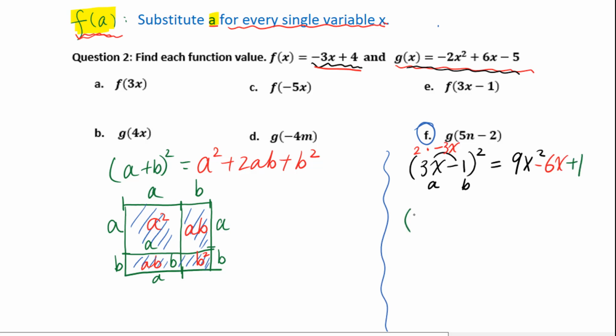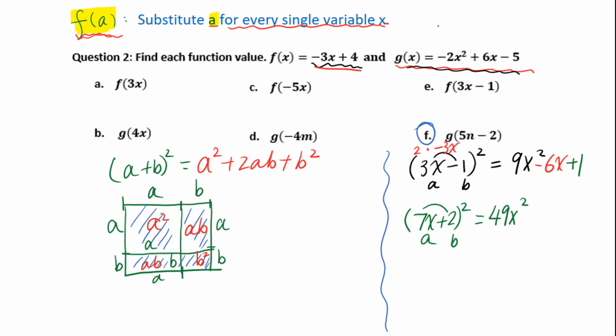Let's do 7x plus 2 squared. Count, this is a, this is b. So 7x squared will be 49x squared. This, 2 multiplied by 7x is 14x, times 2, so you have a positive 28x. 2 squared will be 4.